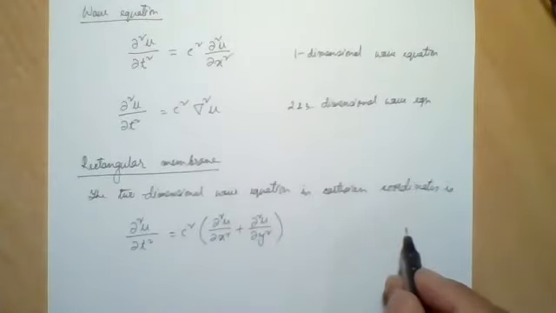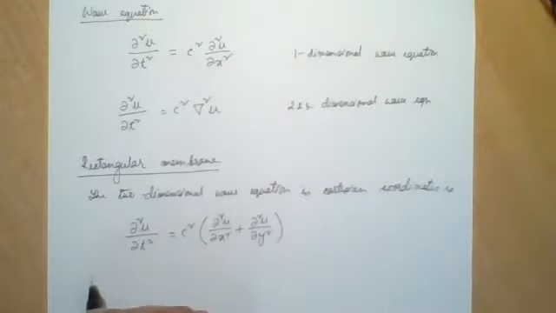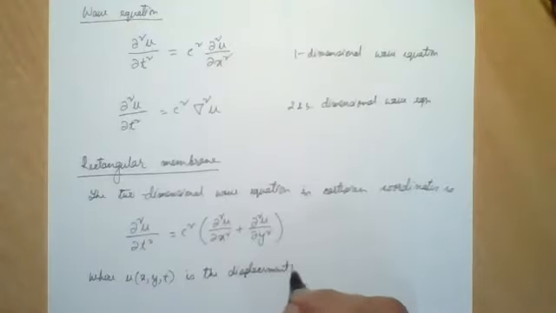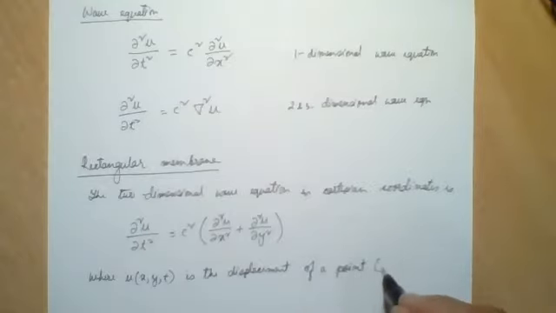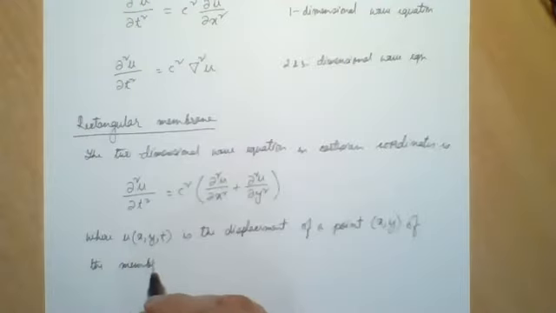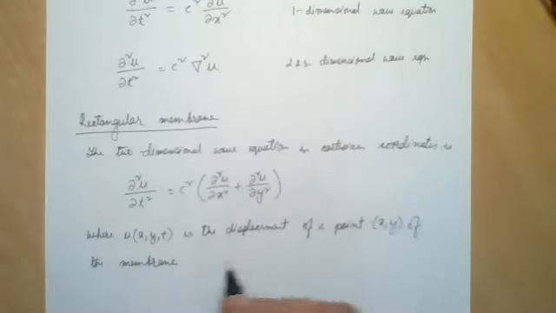where u is the displacement, where u is a function of x, y, and time, the displacement of a point with coordinates x and y of the membrane from rest.